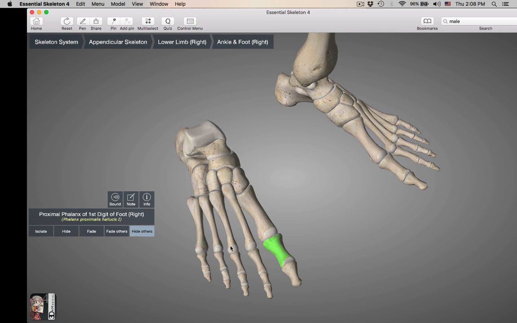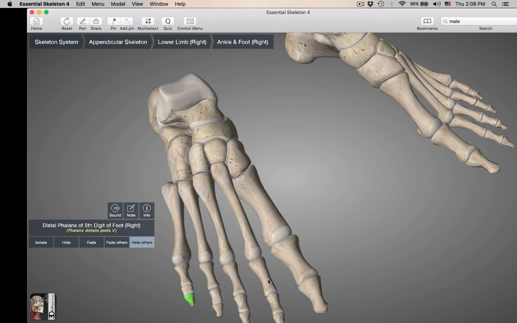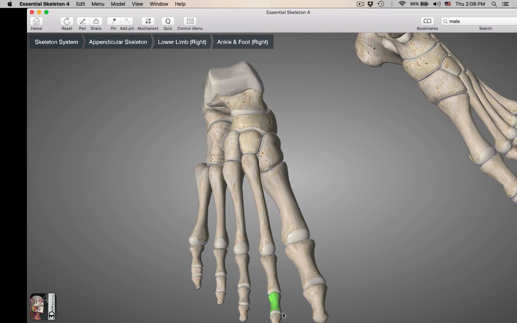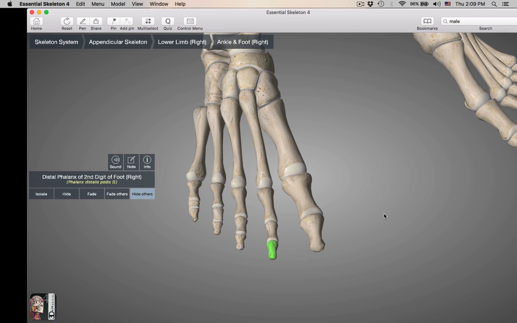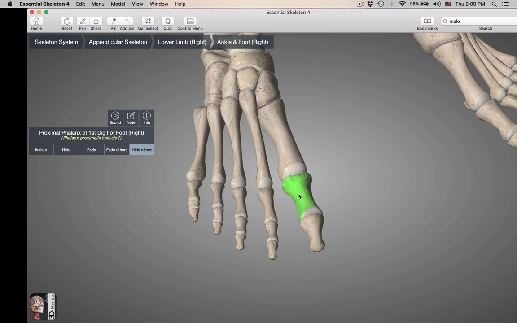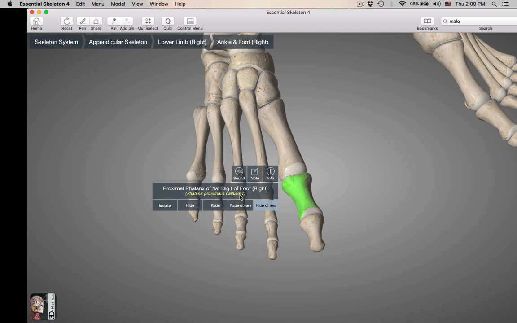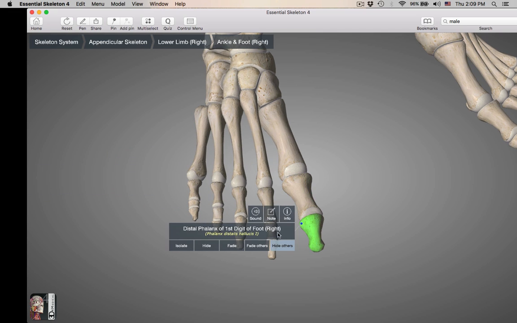Just like the hand, all our digits have a proximal, middle, and distal, except the big toe only has a proximal phalange and a distal phalange. Same thing, you would say proximal phalange number 1, distal phalange number 1.